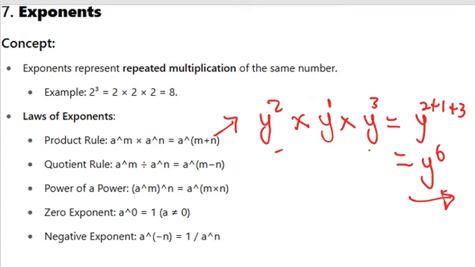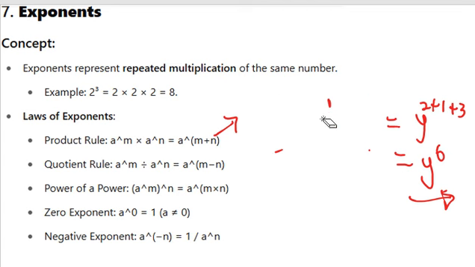Let me crack your mind again. What if now you're given different variables, but some of them are the same base? Let's say you are given AB multiplied by B. First of all, you must know that this is exponent 1, exponent 1.